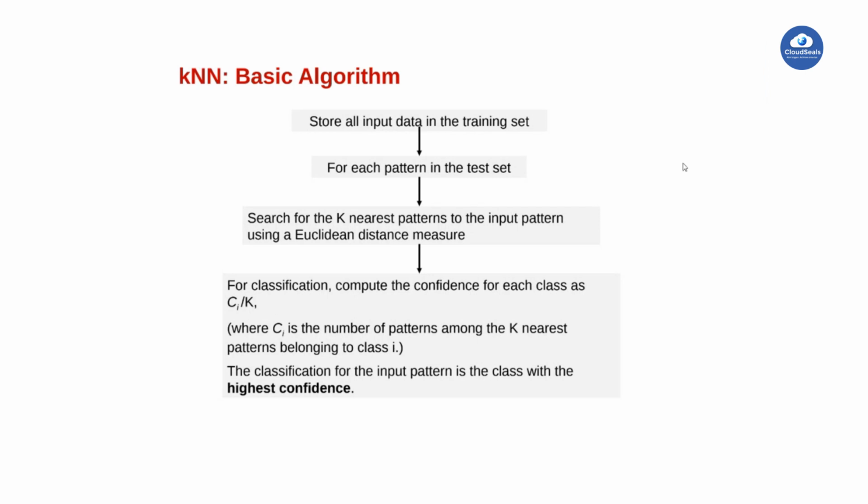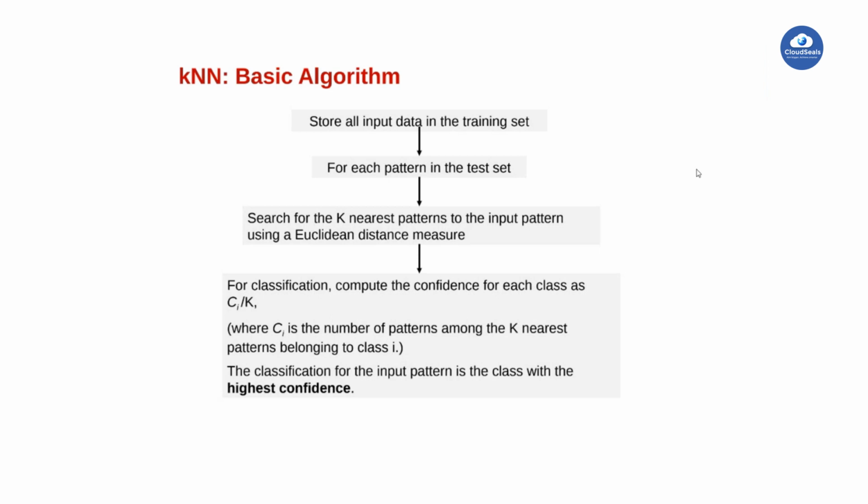For example, we want to get information about some class i, whether it is class 0 or class 1, it's not a matter. But Ci is the number of patterns among the k nearest patterns belonging to class i.